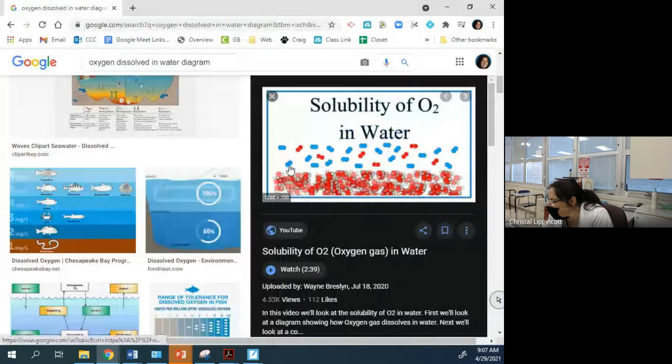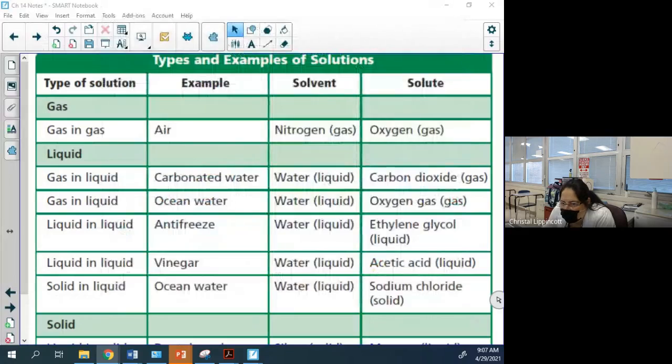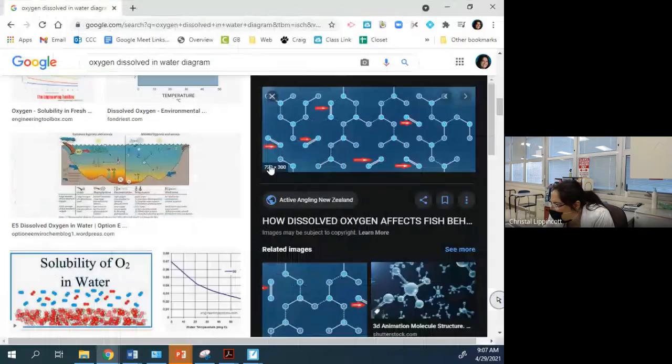All right, so here you've got your water molecules, and then you've got your oxygen molecules, and they're dissolved in here, okay? So that's what's going on, you've got the oxygen dissolved in here. The fish don't take the oxygen off of the water and break that off and use it. They use this dissolved oxygen.